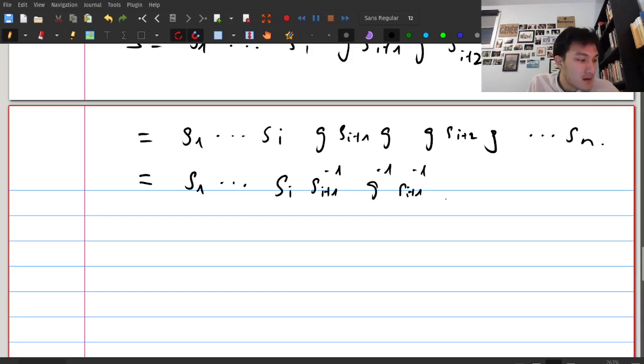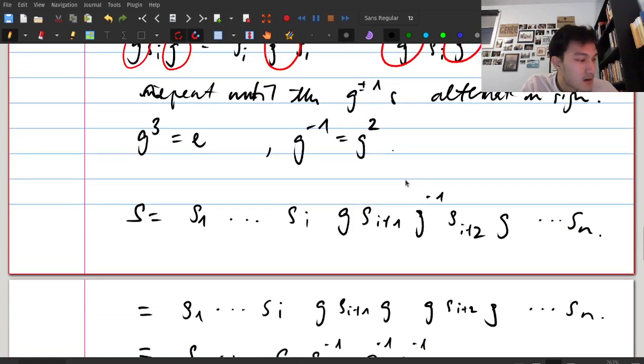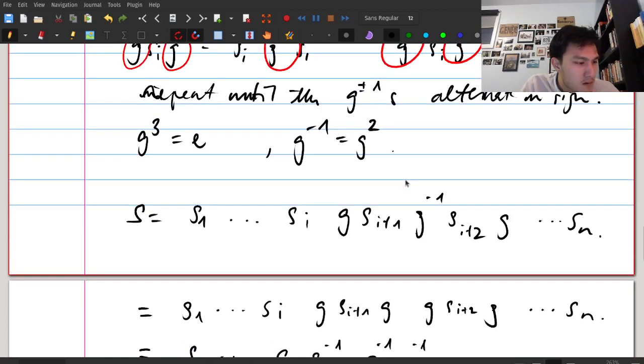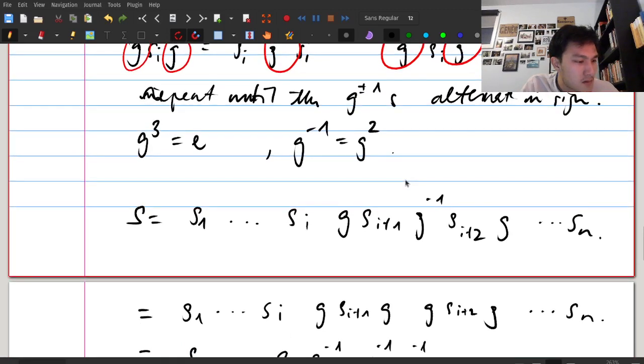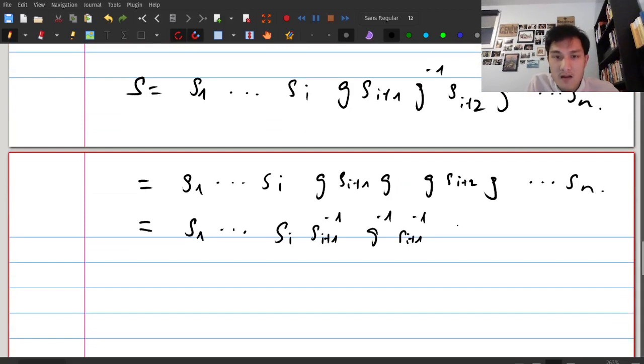And then, is that right? G inverse, yeah, I'm getting a little lost here in what I have. Oh yeah, okay. And then Si, same thing here, right? So Si plus 2, G inverse, Si plus 2 inverse, and then you continue.